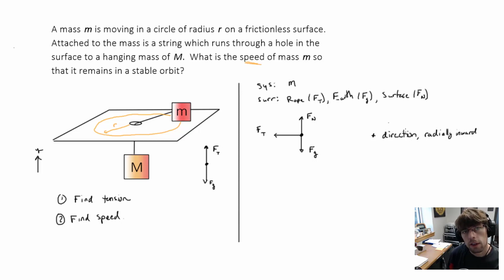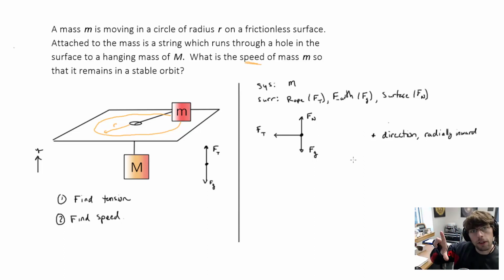Okay. So this takes a bit of stretching, but the idea is that if I call the positive direction radially inward, you can think, okay, what does this mean? It means that as the box moves, the coordinate system is also moving, right? The coordinate system moves, rotates, so that radially inward is always pointing towards the center of the circle.